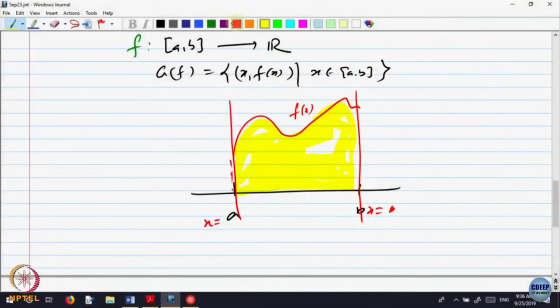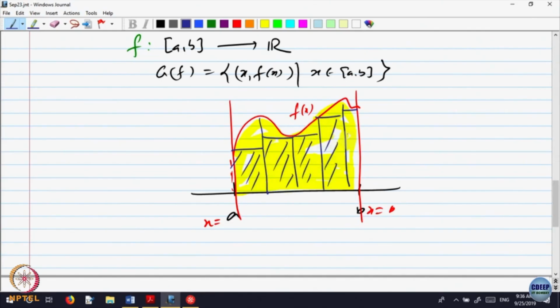So one would like to fit in rectangles below it. So if I look at the areas of these rectangles and add up these areas, then they give me some estimate for what could be called the area below the graph of the function.